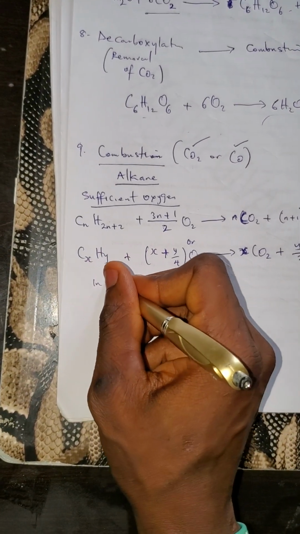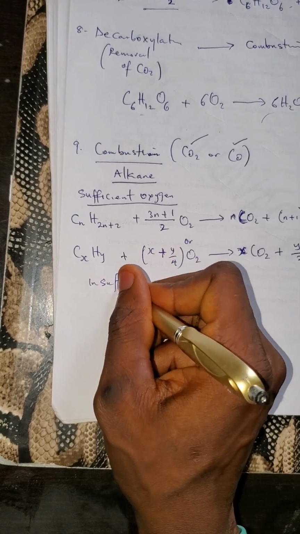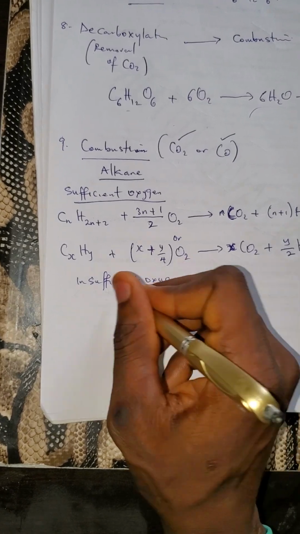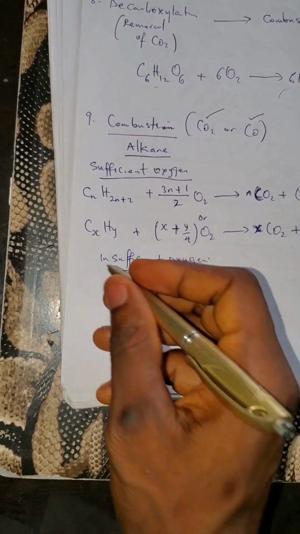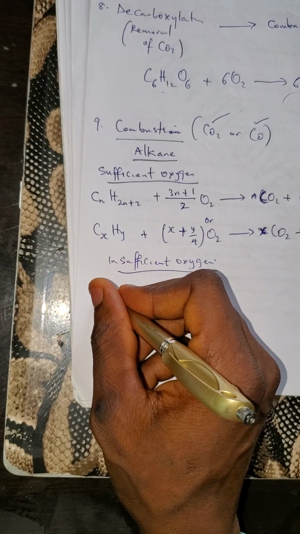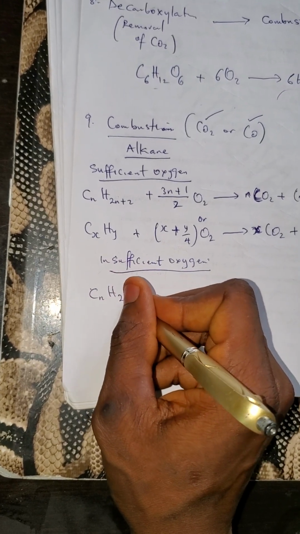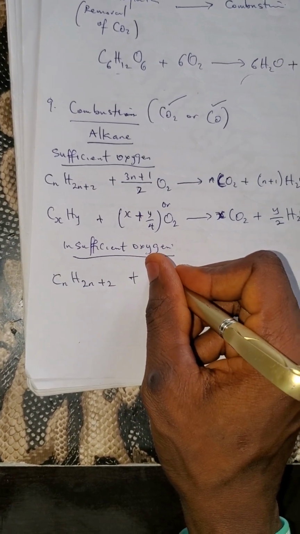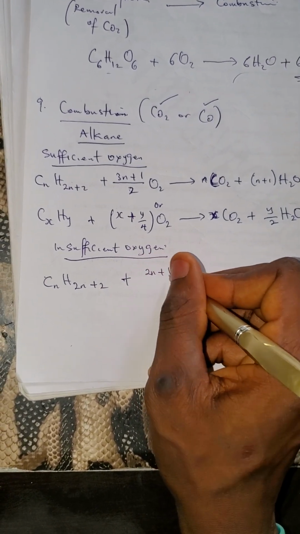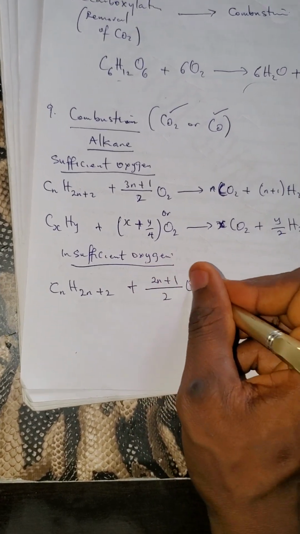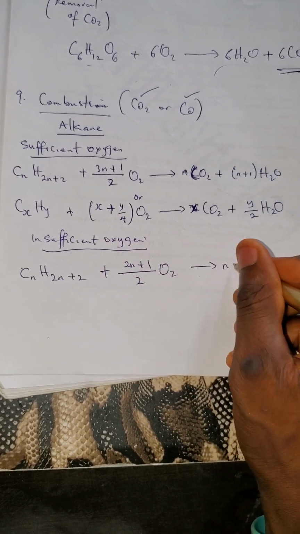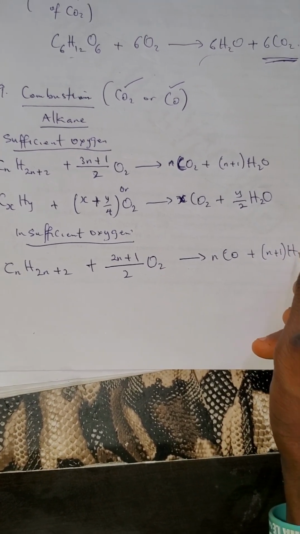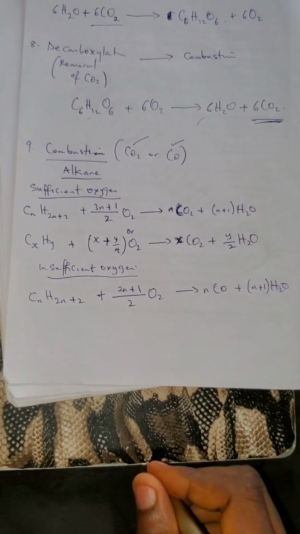But if it is insufficient oxygen, we have CnH2n+2 plus (2n+1)/2 O2 to give you nCO plus (n+1)H2O.